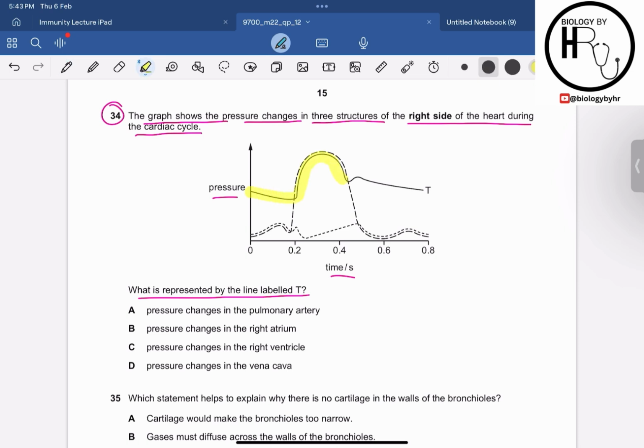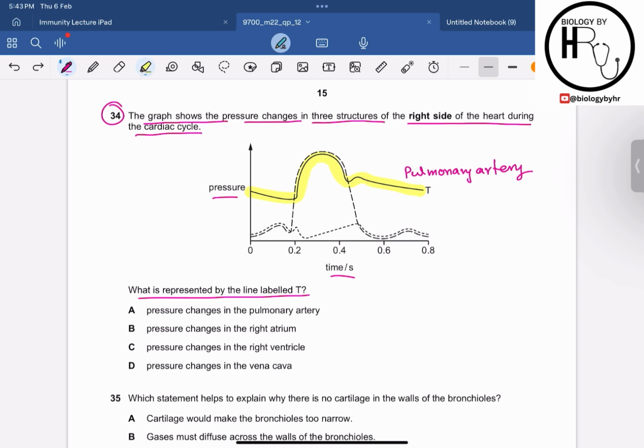This line which they are indicating as T, as it is the right side of the heart, so it must be the pulmonary artery. If they were talking about the left side of the heart, it would be the aorta, but for now they are talking about the right side of the heart, so it would be the pulmonary artery, right?